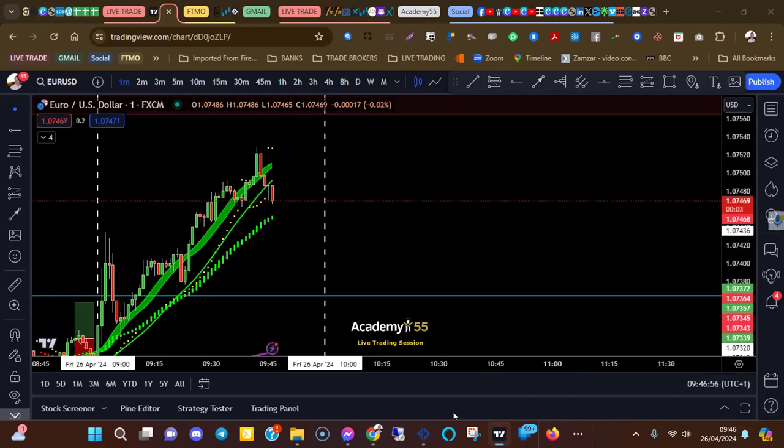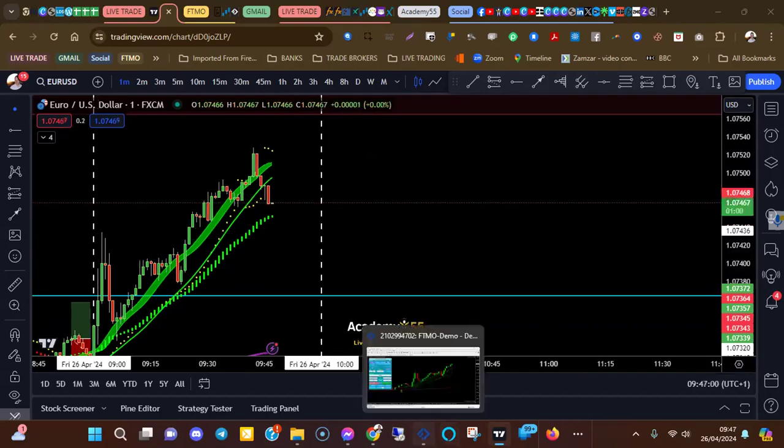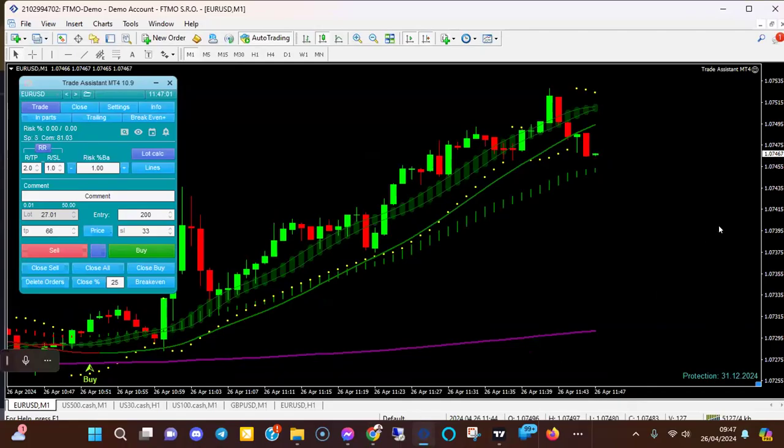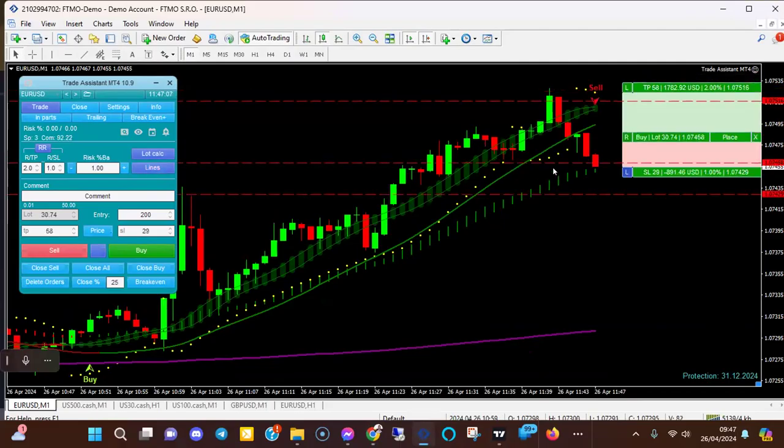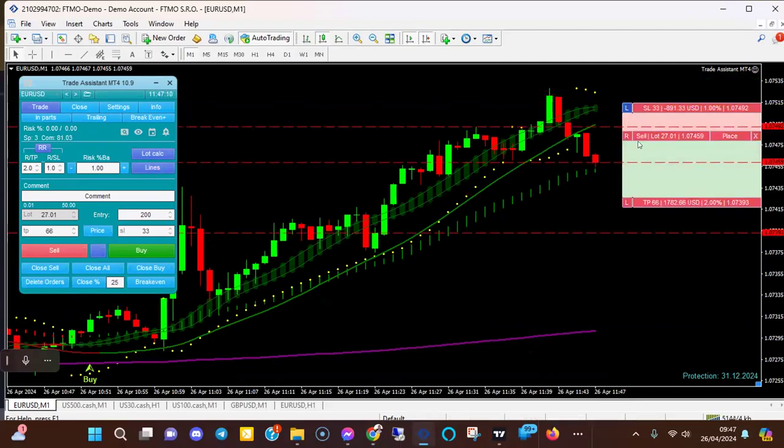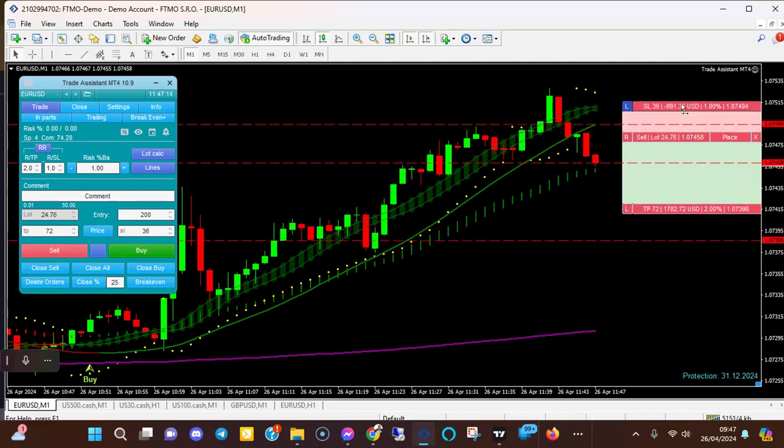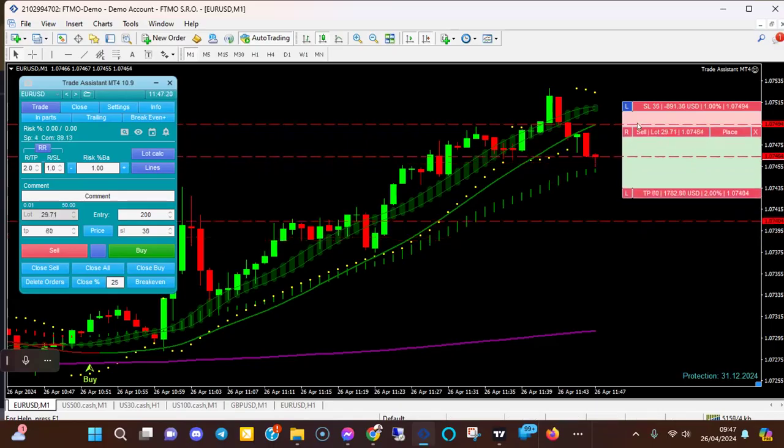Okay, let's have a quick look at the MT4. Put the lines on. Ah, we've got a sell alert just popped up. Obviously, we're not past the wave yet, so we've got a long way to go on this one yet.